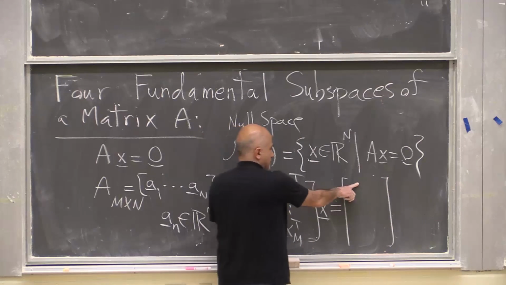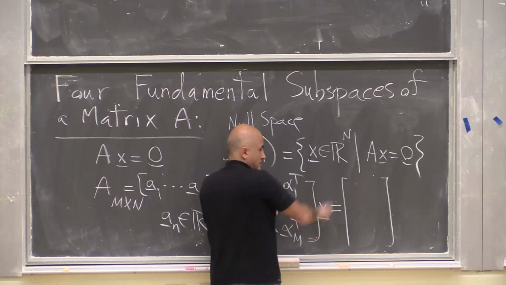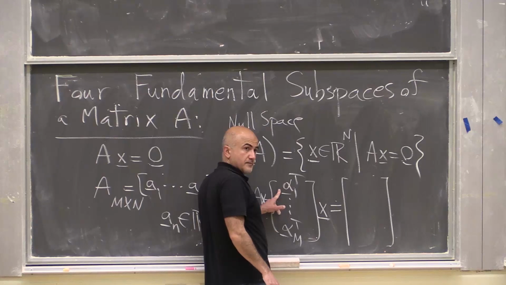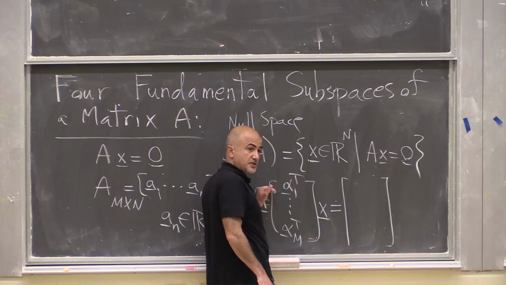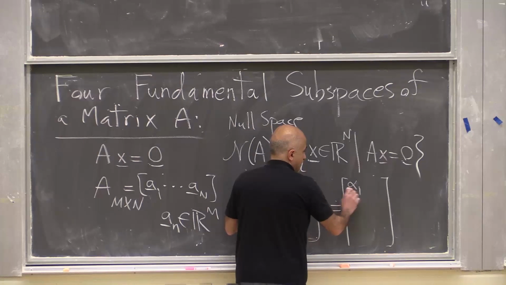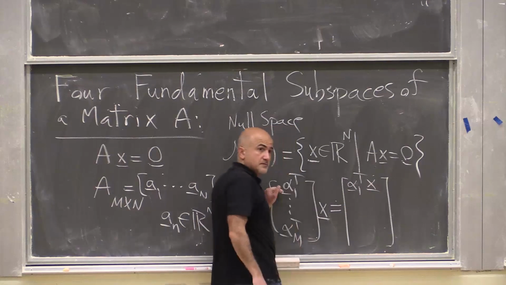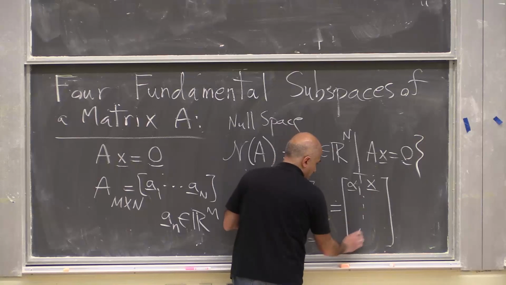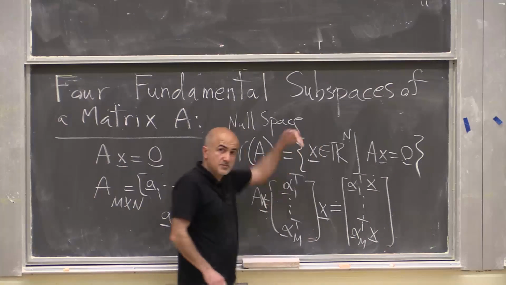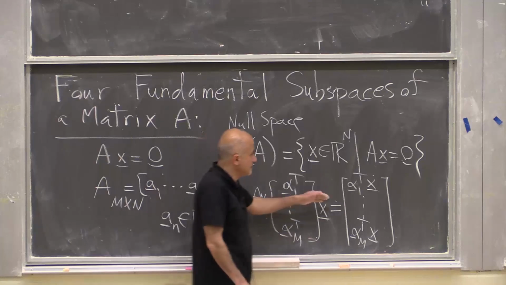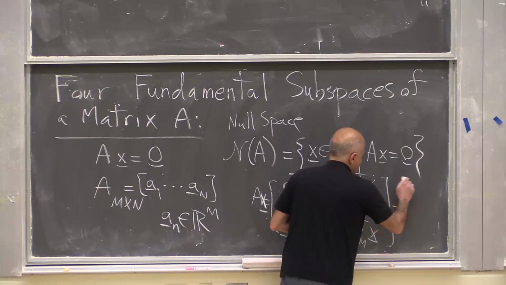What's the top entry here? Remember the row vector picture? Isn't it alpha 1 transpose x? All the way to alpha m transpose x. This is the row column vector multiplication picture. And we're saying that these are all zeros.